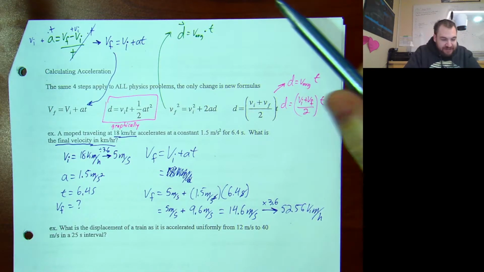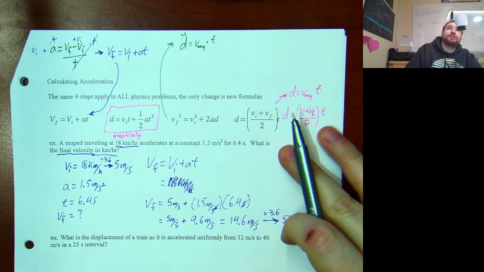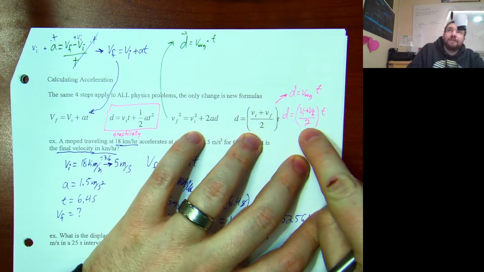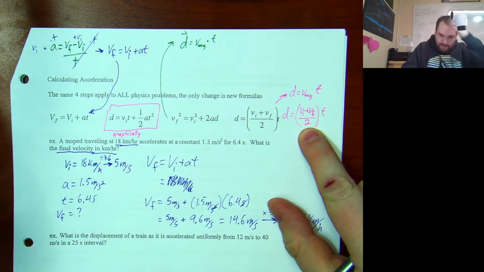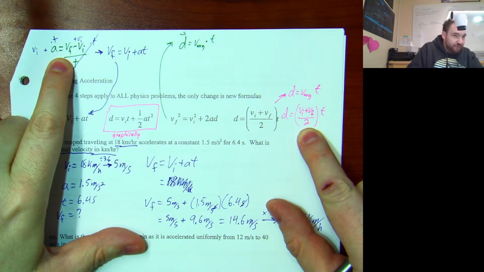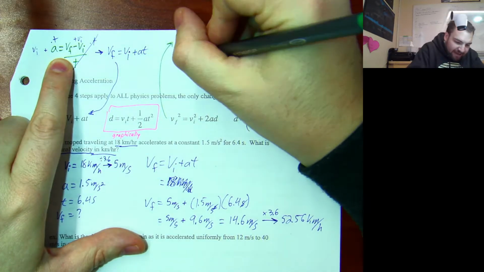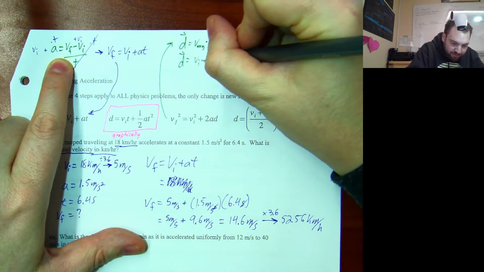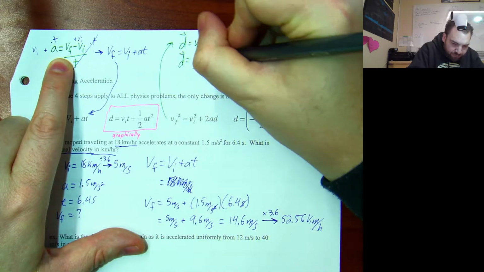We've got a few pieces involved in this one. The 2 pieces I'm going to use are this definition right here for average velocity, and I'm going to use this definition over here for acceleration. So what we're going to get here is we're going to get d is going to be equal to v initial plus v final over 2.